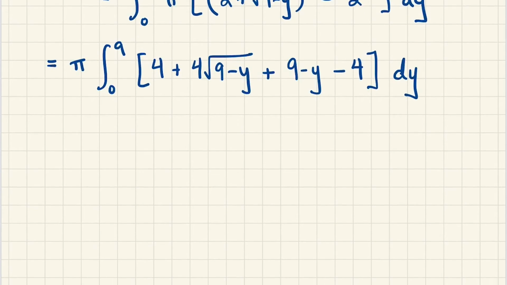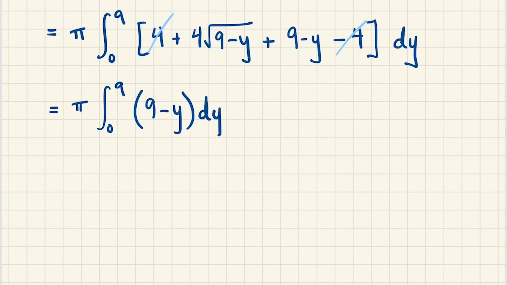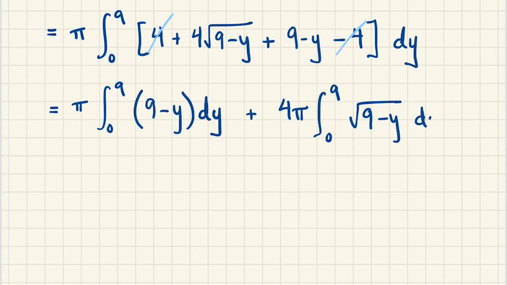A little bit of cancellation right there. So let's put the 9 minus y in its own integral, and we'll split the square root of 9 minus y into its own integral.